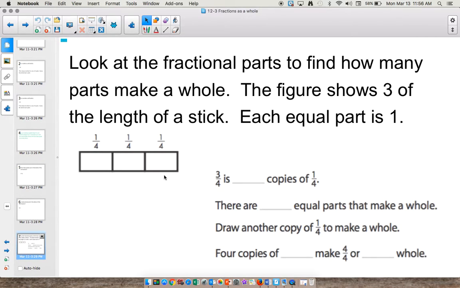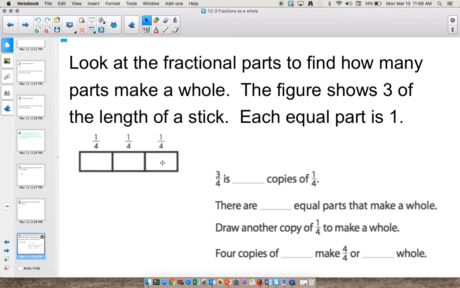Okay, please look at the fractional parts to find how many parts make a whole. The figure, this little picture right here, shows 3 of the lengths of a stick. Okay, so here's 1/4, here's 2/4, here's 3/4. Each equal part is 1, right? Here's 1 out of 4 pieces. Here's another 1 out of 4 pieces.